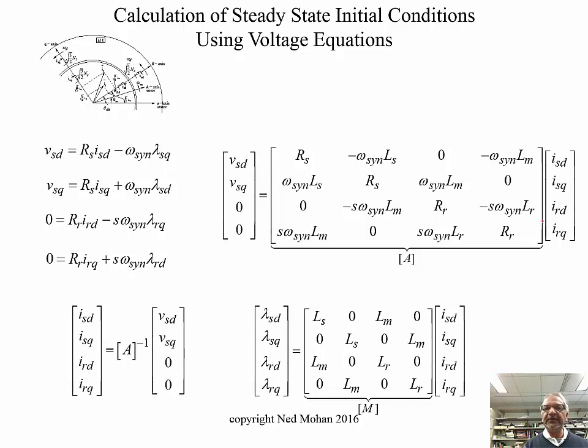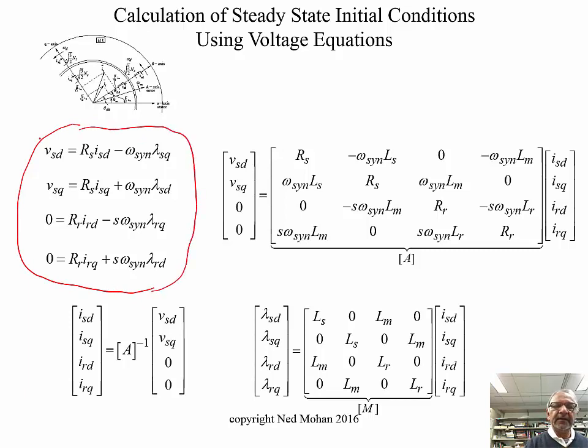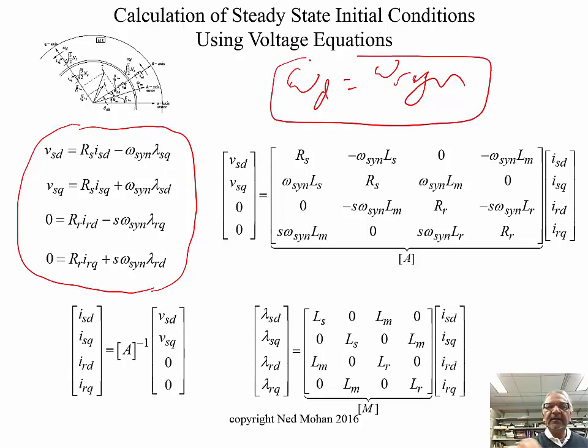We can do that by using the fact that in steady state, if we choose the right speed for the D-winding, omega D, to be omega sync, then we saw that the d/dt term for the flux linkages is 0. Getting rid of those, we can write these voltage equations in the form of a matrix equation like this.